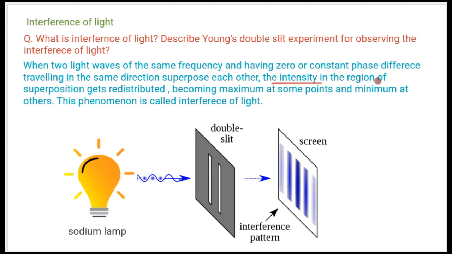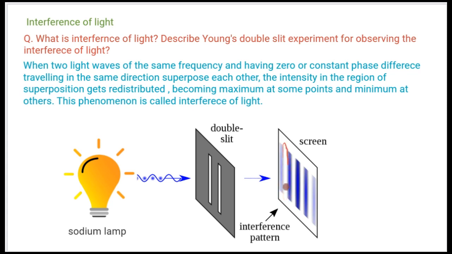The intensity in the region will get redistributed. That means at some places you will get a very bright image, and at some places you will get dark images, that means no image. If this is plain white, that means this is completely dark.